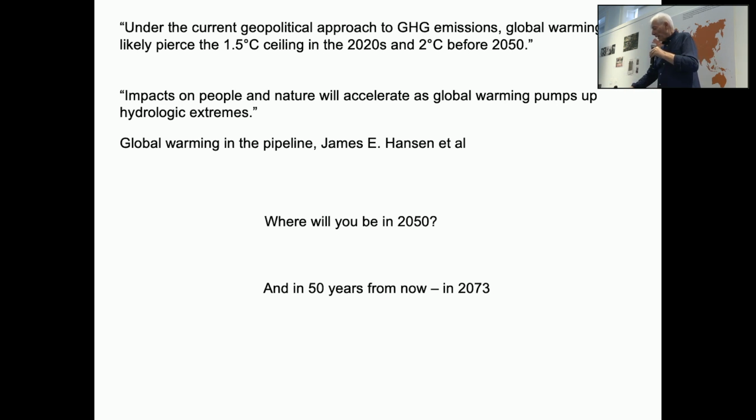Along with many other scientists, although they're not allowed to say it very often in public, very few believe there's any credible path to 1.5 degrees change. Very few. Mathematically, there's a tiny possibility that it is possible.